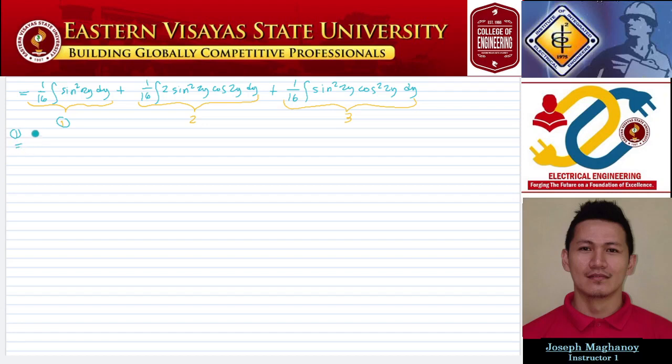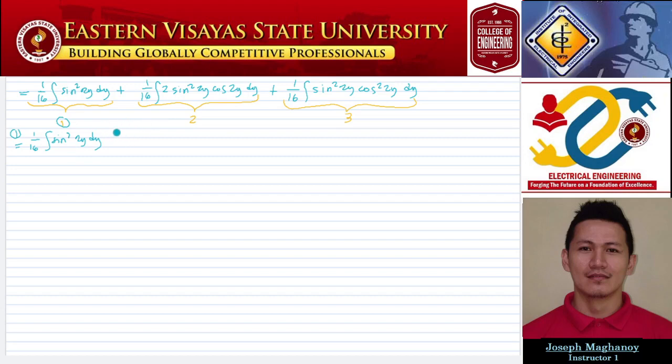That is 1/16 integral of sine squared 2y dy. So what is our observation with this? What are we going to do? Find the correction factor so you can have a stable function. Okay, it's a good idea.